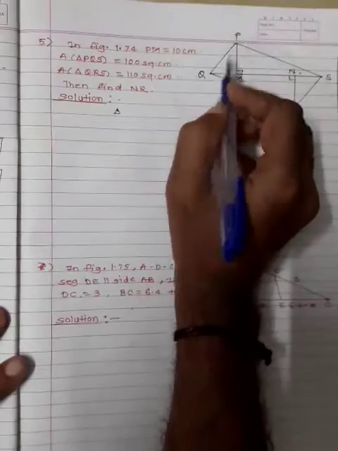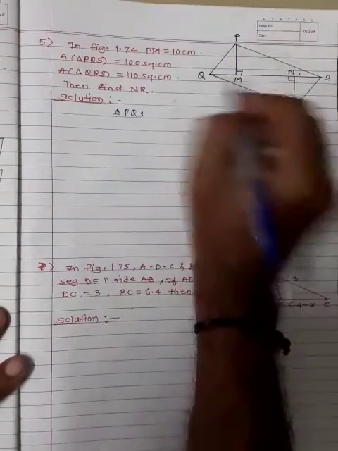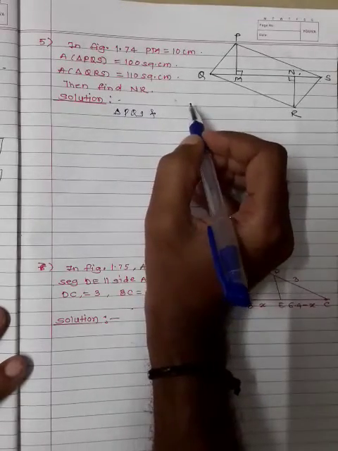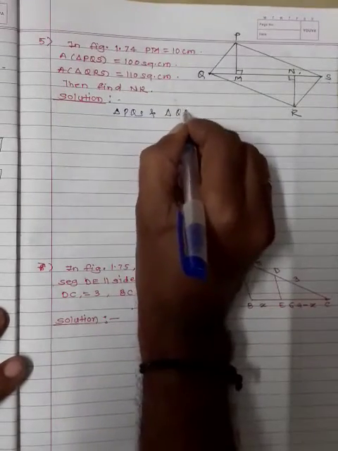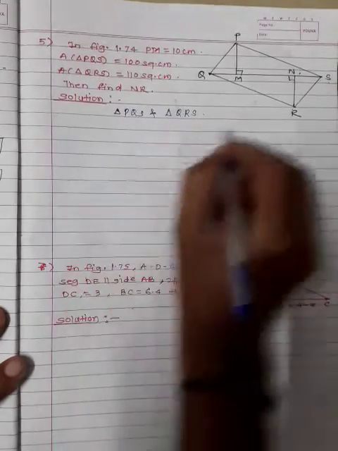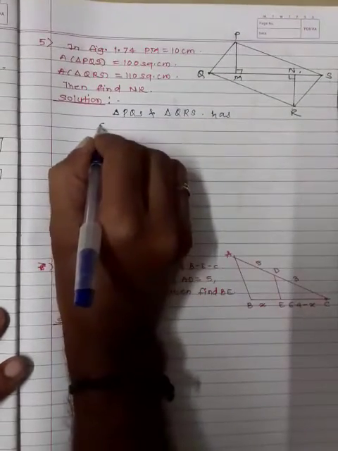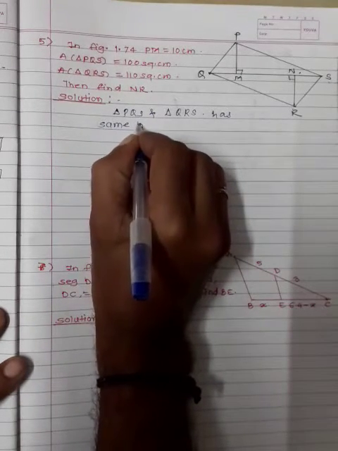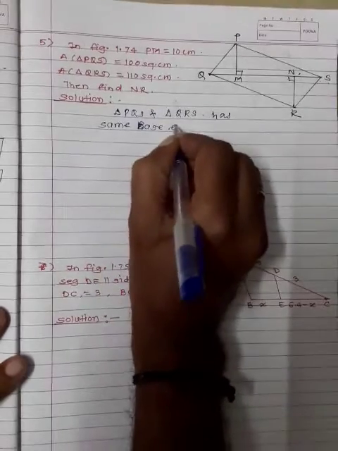Triangle PQS and triangle QRS have the same base, QS.